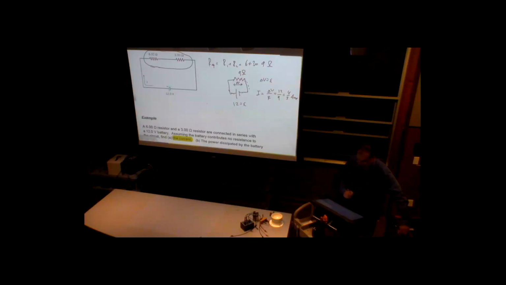But now we can go back to the original circuit. We know that the same electric current should travel here. So if I want to calculate the voltage across the first resistor, I can apply the Ohm's law again. It should be equal to current times the resistance of the first resistor, 4/3 times 6, 8.